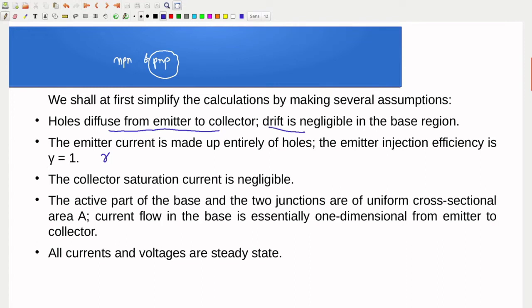The next assumption is that the active part of the base, which is the center portion of the base, and the two junctions, emitter base junction and collector base junction, are of uniform cross-sectional area A, and the current flow in the base is essentially one-dimensional from emitter to collector.